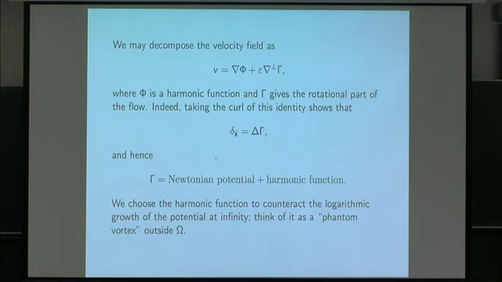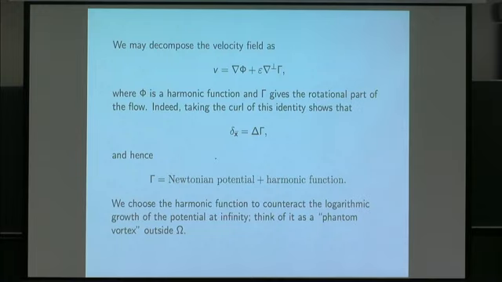So what we do is we write the velocity as the gradient of a harmonic function, the potential for the irrotational part of the flow, and then an extra term which is going to be epsilon times the gradient perp of some gamma, right? So this will be a divergence-free vector field, and epsilon is going to be the vortex strength. So we've normalized it a bit.